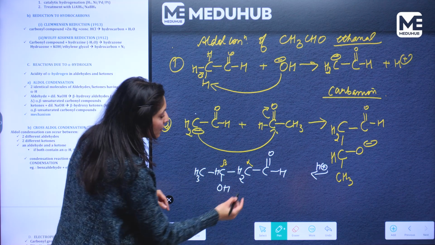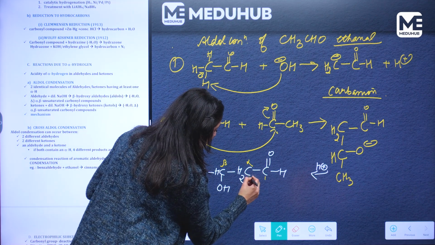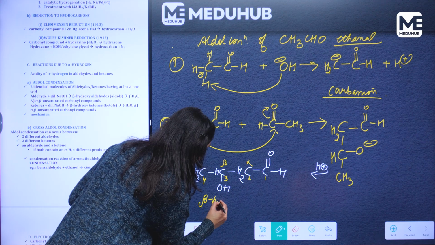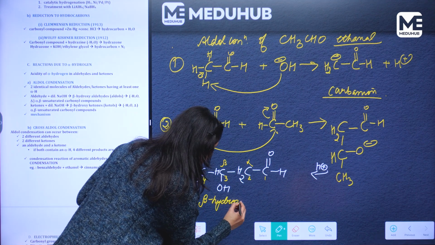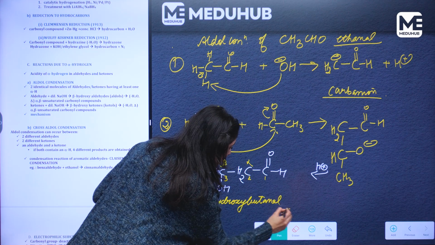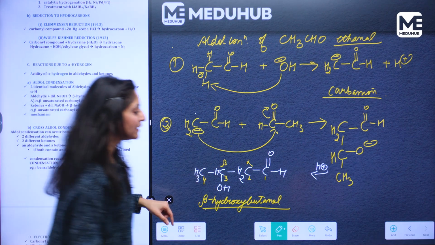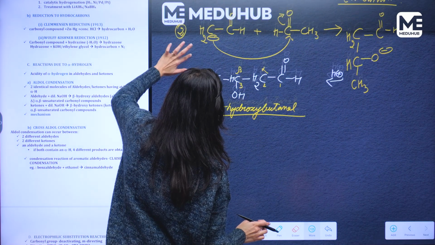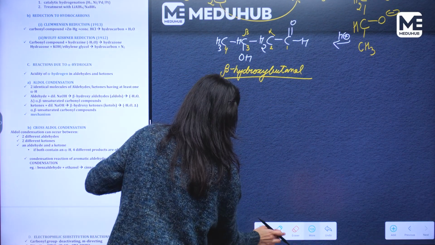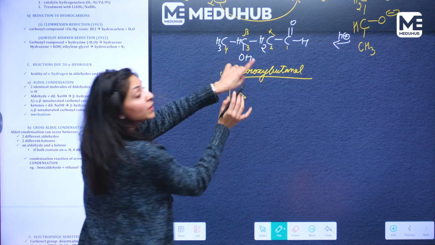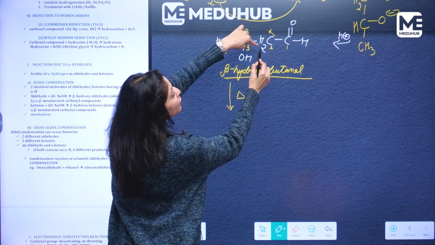If you have to name it, you will number the carbons 1, 2, 3, 4. So this will be beta hydroxy butanol. This beta hydroxybutanol, upon heating, if we heat it, it will lose an alpha hydrogen from here.